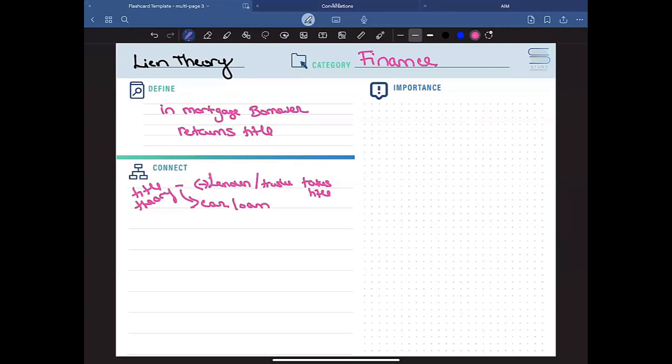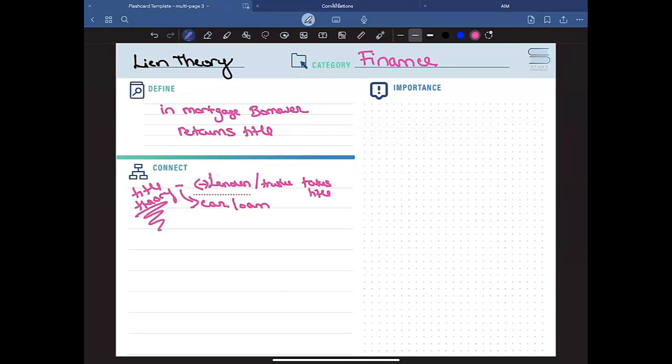No. Why can banks come and get their car? Because they're repossessing their car. They don't have to wait for a judge or take you to court, because they own the car. So that's like title theory.